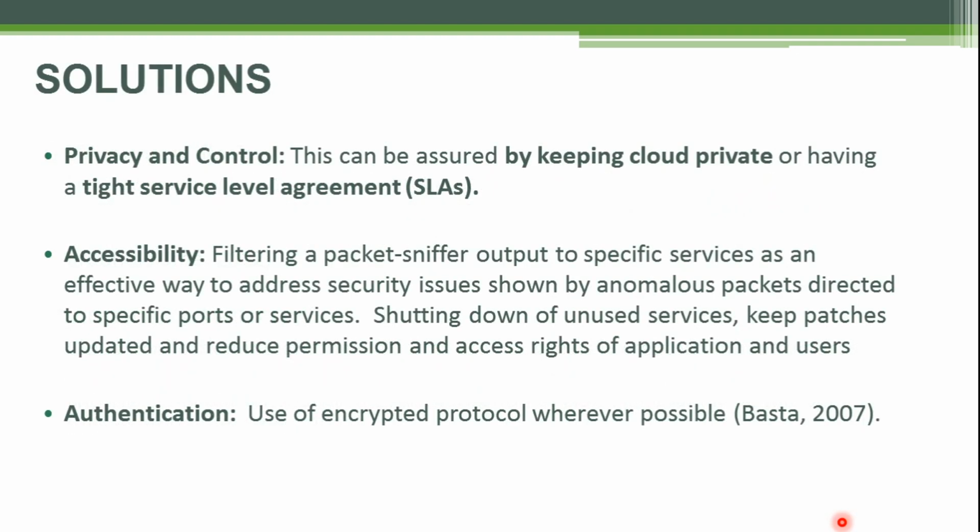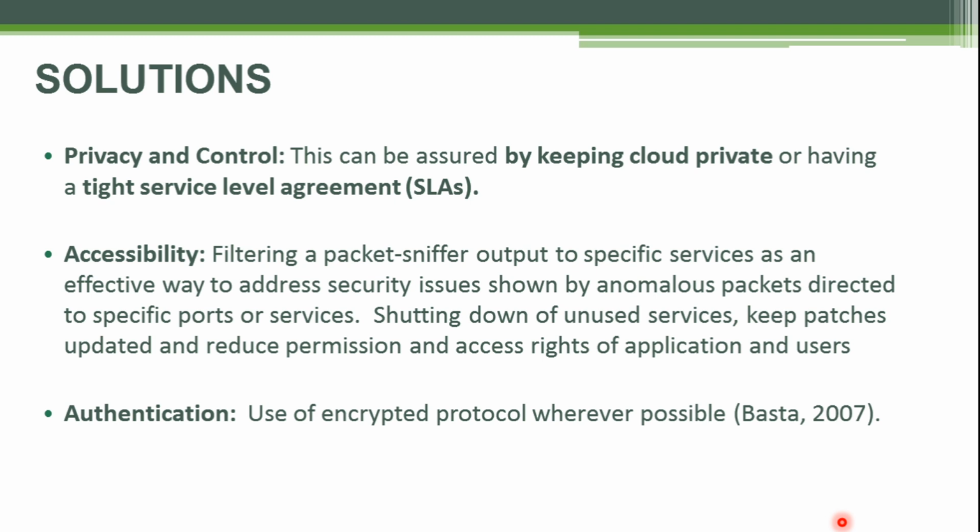Privacy and controls. Again, it's the same thing. So now the solutions. What are the solutions for privacy? You write a very tight SLA that if some breach happens, within this much time the data is actually recovered. You mention that within 1 hour your server should be back and you should have your data recovered. You should not lose any data. And then you have accessibility.